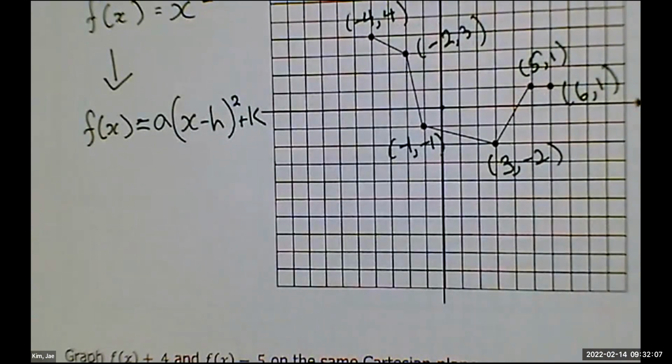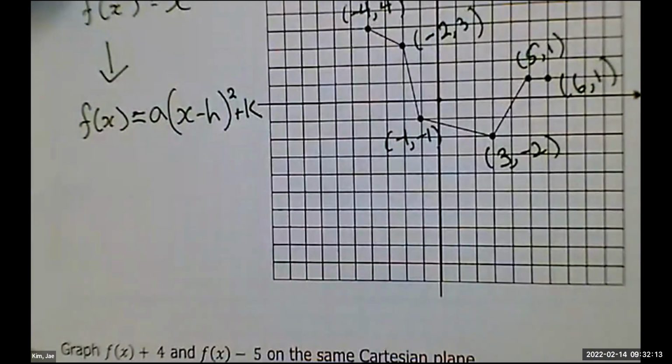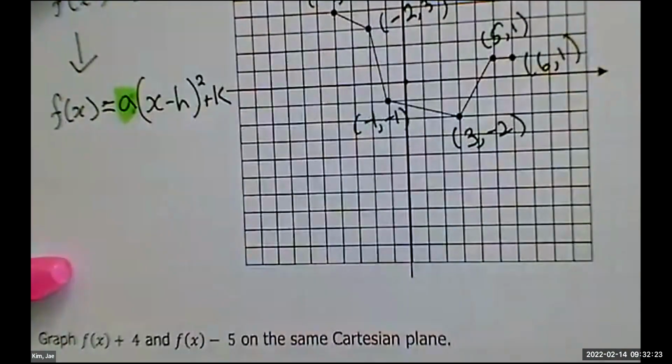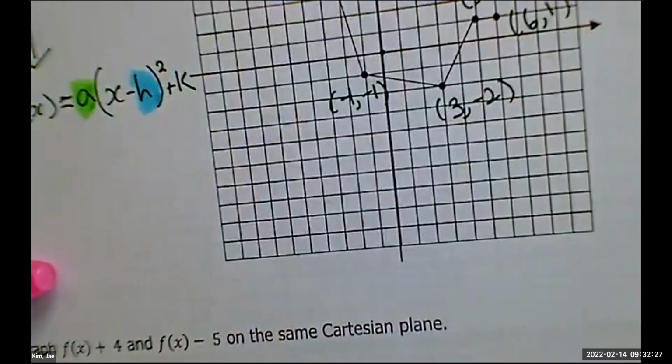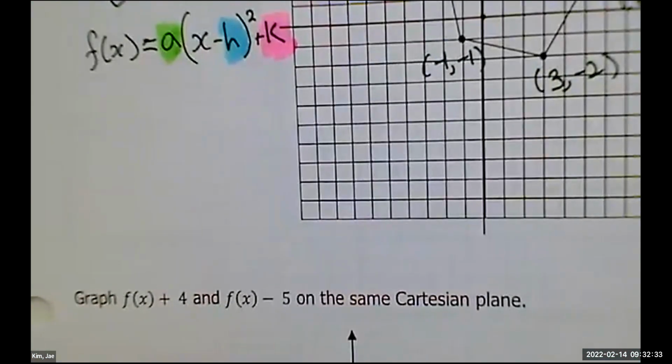Between A, H, and K, what letter do you think I am working with here? I'm going to use some highlighters. I'll use green for A, blue for H, and pink for K. Which letter do you think we are talking about here?